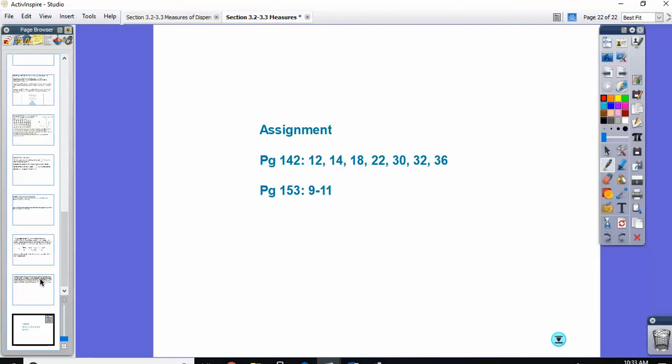Problem 12 or 14 would probably be good ones to do by hand. 18 and 22 I'd probably do on my calculator. So at least try 1 by hand. You can do more than 1 if you want, but on a test or quiz, I will say have 1 problem where I ask you to do it by hand.